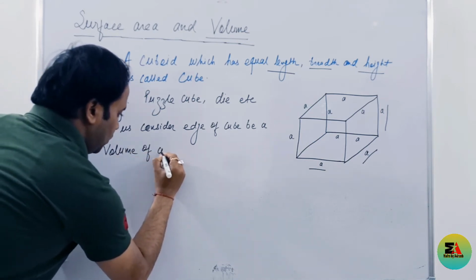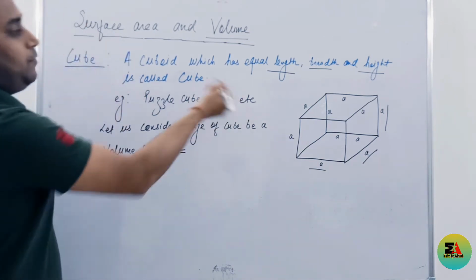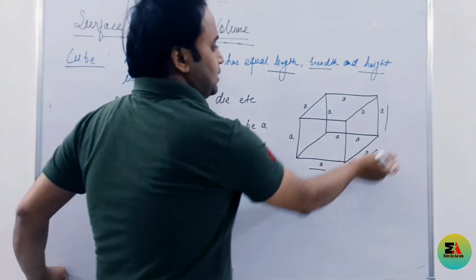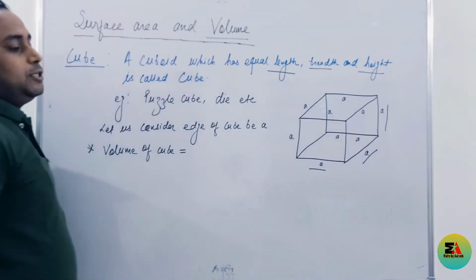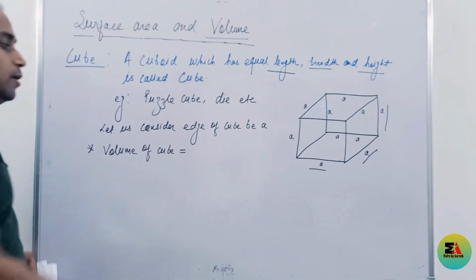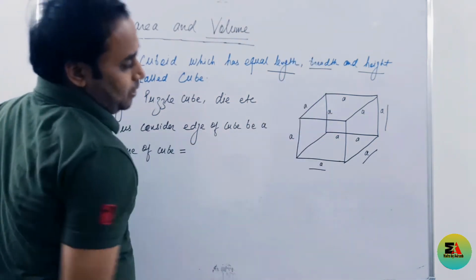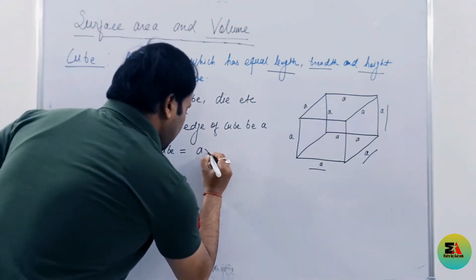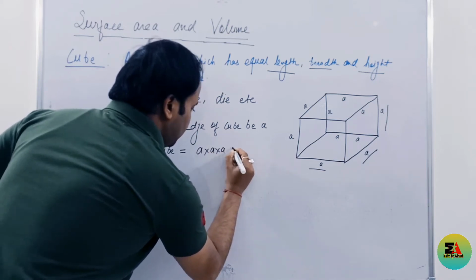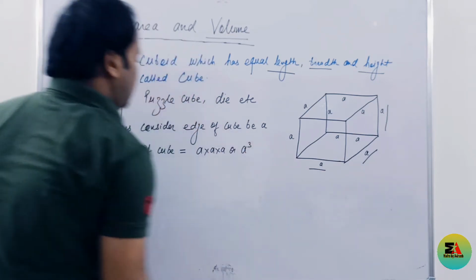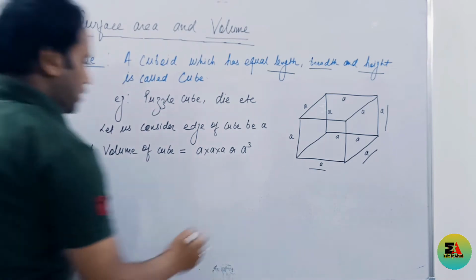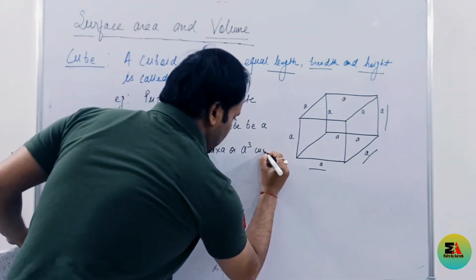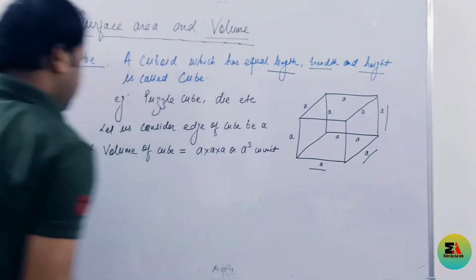Earlier we saw that length, breadth and height are equal to each other. It is a special type of cuboid in which all sides are equal. So directly you write A into A into A, or A cube. Clear? This is the cube unit.